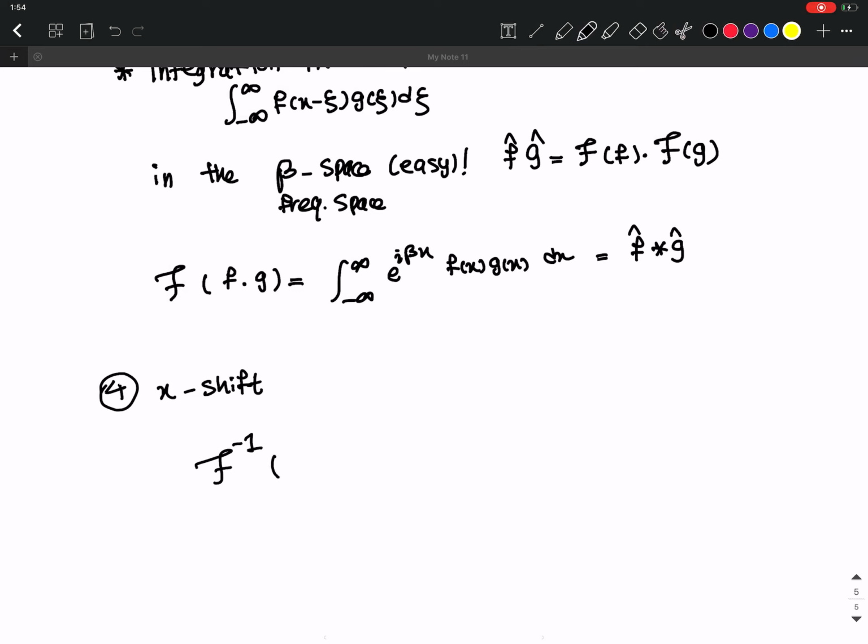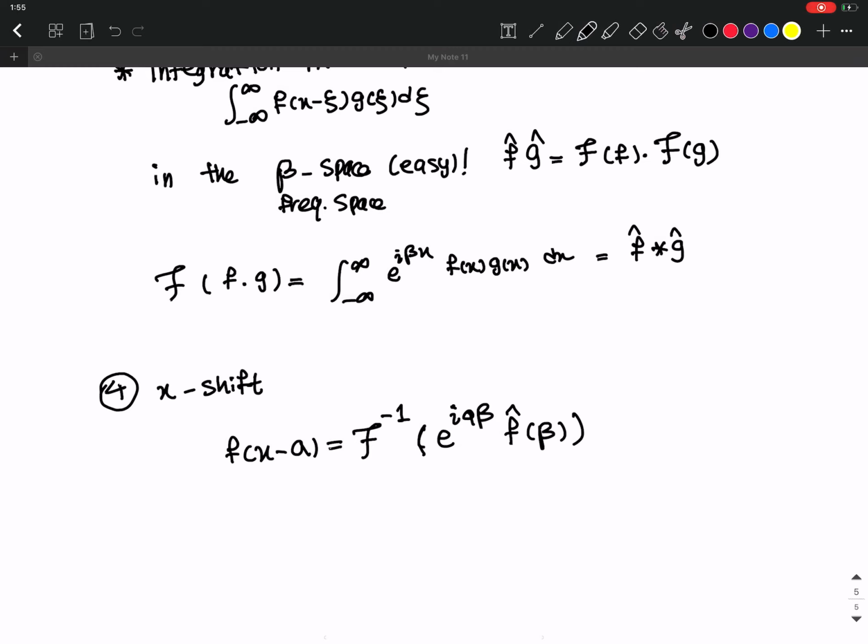So if you shift x, let me write it this way: f(x minus a), in the Fourier transform, you will get just this e to the i a beta multiplied by the Fourier transform of that function.